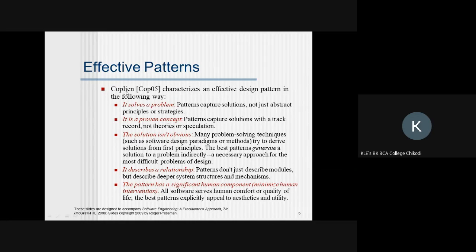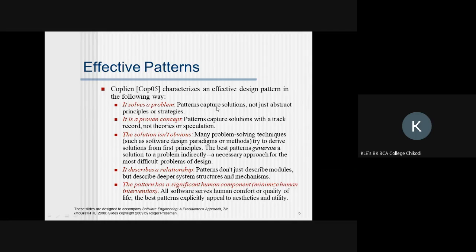Effective pattern. According to Copeland, he characterizes an effective design pattern in the following way. It solves a problem. It means a pattern should be efficient for solving the problem.